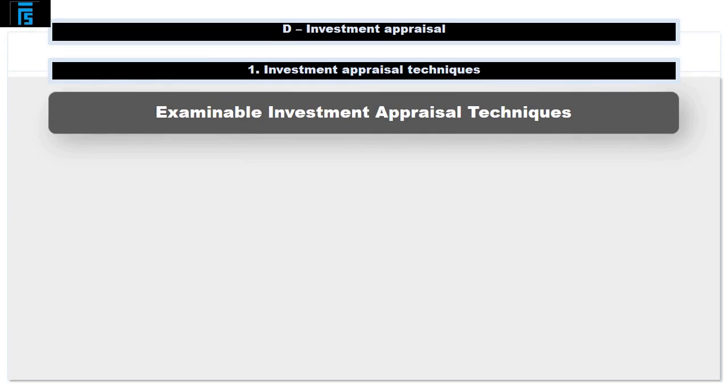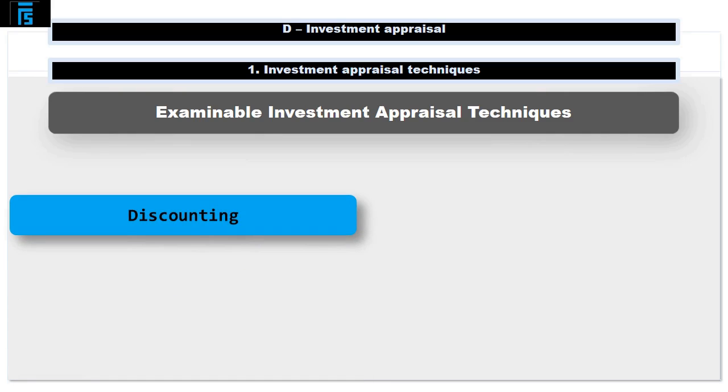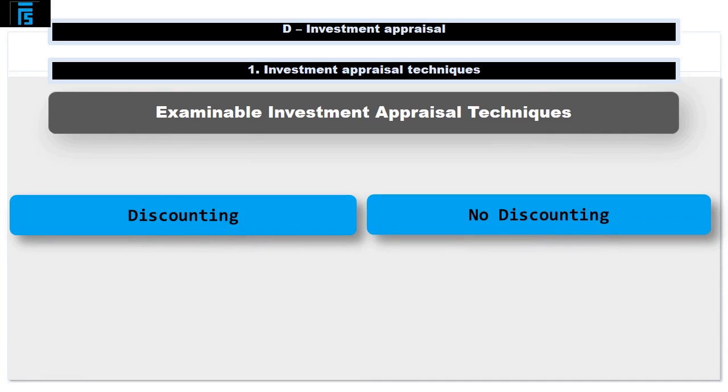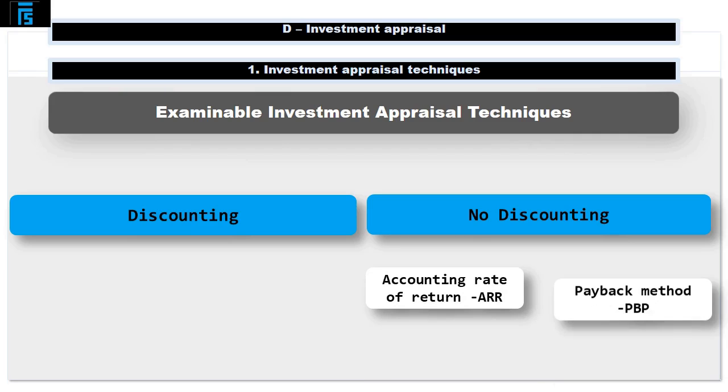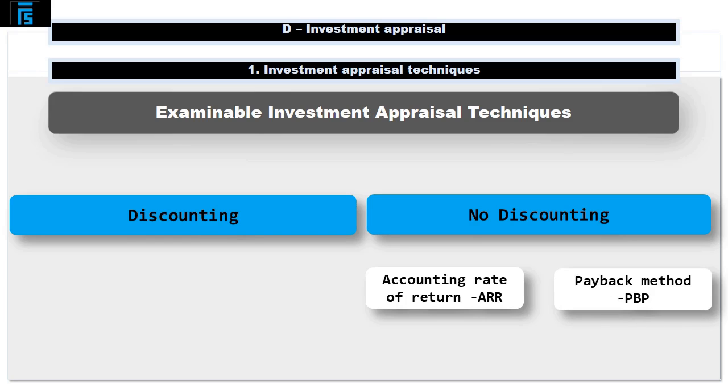There are four main investment appraisal techniques examinable. Two involve a process called discounting, building in the time value of money, and two do not. The two that don't involve discounting are the accounting rate of return, or ARR, and payback period, or PBP.